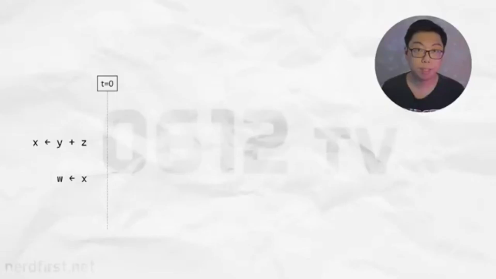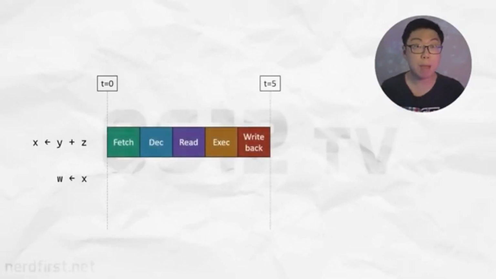Intuitively, what we'd expect to happen is Y and Z are added together and stored in X. Then, we make a copy of X into W. However, if these two statements were run one immediately after the other in a pipeline, what would happen? Let's find out. Assuming we're still sticking to the 5-stage pipeline described previously, here's what's going to happen. If the first instruction starts at t equals 0, it's going to do its magic and write the answer into register X by t equals 5.